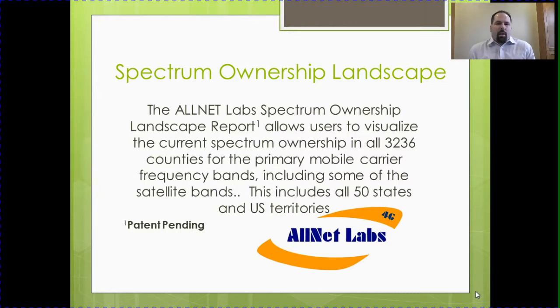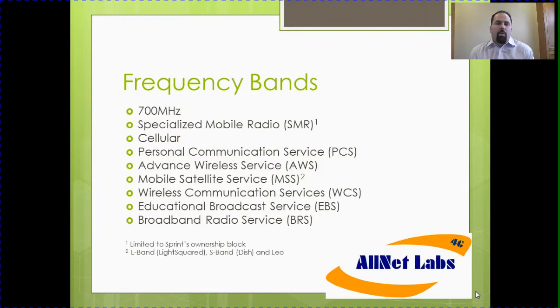The frequency bands that are included are listed there, but I'll talk through a couple of the footnotes. The SMR spectrum only includes Sprint's contiguous spectrum that's right adjacent to the cellular A band. The mobile satellite spectrum is limited to the L band, which is LightSquared's holdings, and the S band holdings by Dish, as well as some of the LEO holdings adjacent to the EBS BRS spectrum.